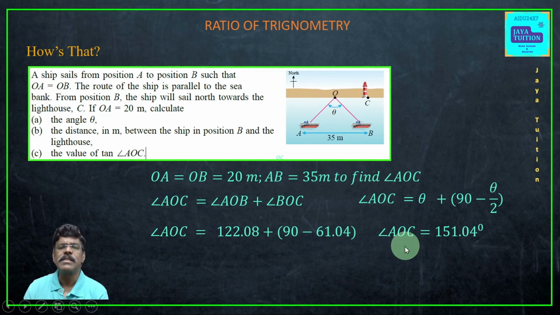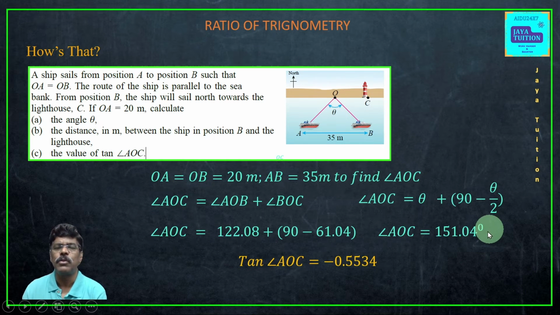Therefore, we can say that the angle AOC comes out to be 151.04 degrees. They are asking us to find the value of tan of this value. So, tan of 151.04 gives us the value of negative 0.5534. That should be our answer.